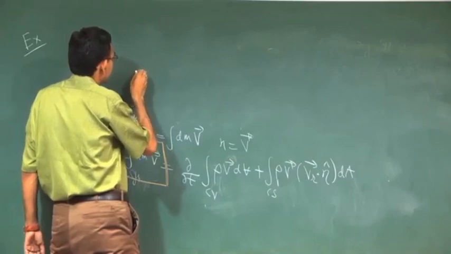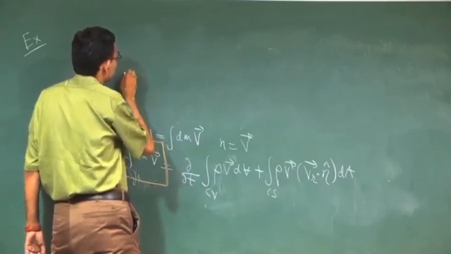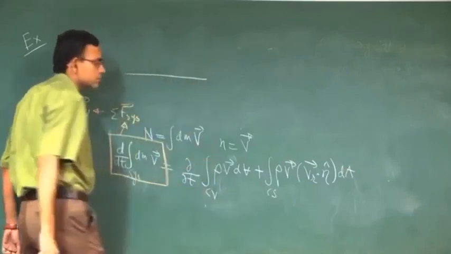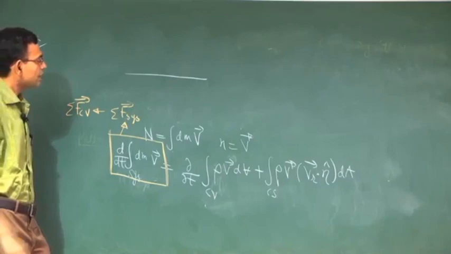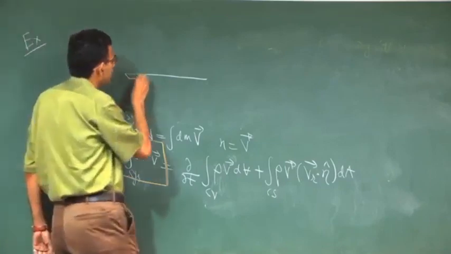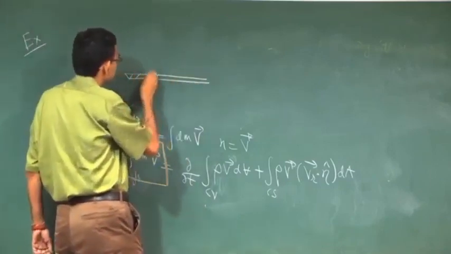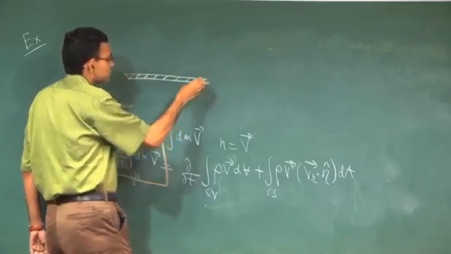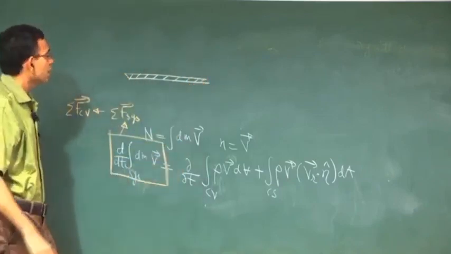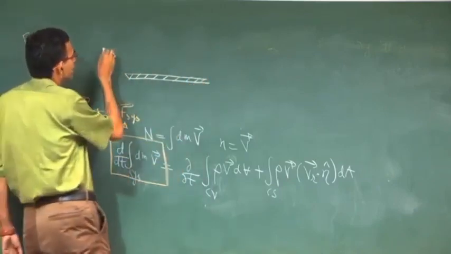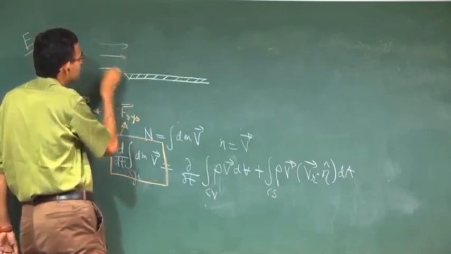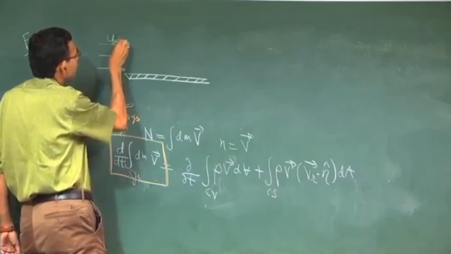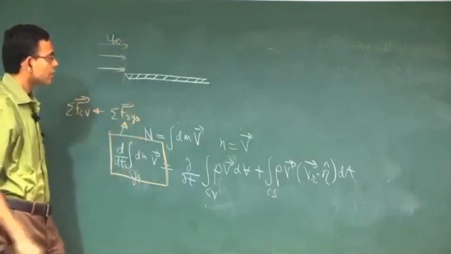Let us say that there is a solid boundary and fluid is coming from far stream with a uniform velocity u infinity.